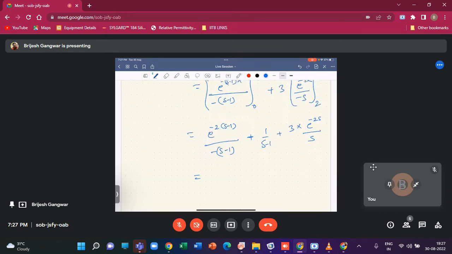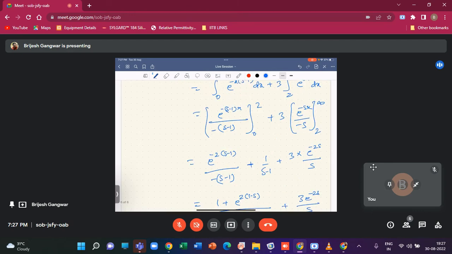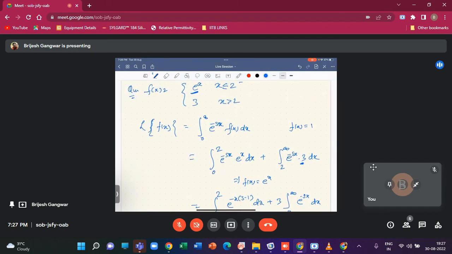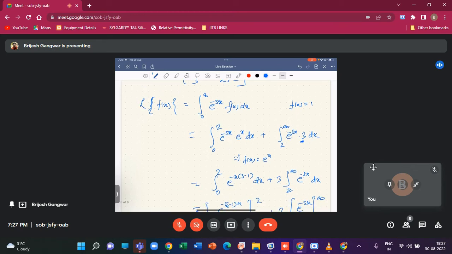So here you will get 1 plus e to the power 2(1 minus s) upon 1 minus s, plus 3 e to the power minus 2s upon s. So this will be the Laplace transform of f(x), which is defined in two regions, x less than 2 and x greater than 2, the different ones.